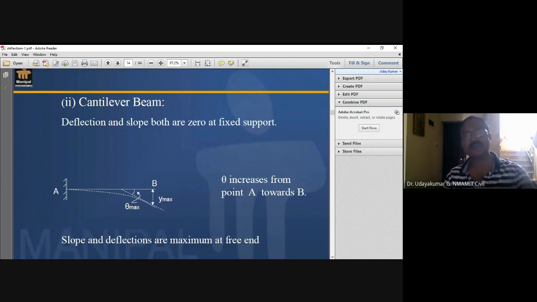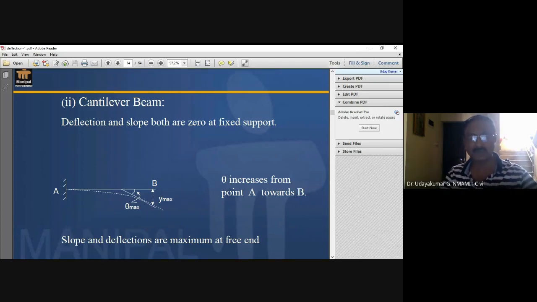Even otherwise, you can start by taking B as the origin, not A, and write down the equation for the deflection. So in problems, the fixed support is taken at the right hand and the free end at the left hand, because as you move towards the right, the distance measurement is positive. Slope and deflection are maximum at the free end. That is the condition to solve for the unknowns.